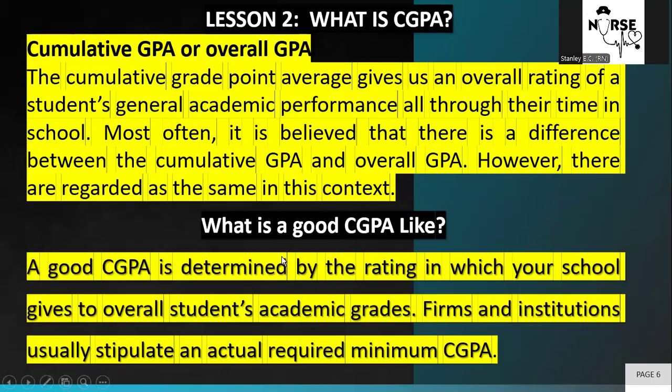But if you get a CGPA of at least 3.0, you will not stress yourself too much in getting a school that can admit you so you can further your studies. Basically, many schools take at least 3.0. So please, once you can hit 3.0, you are good to go. Then you know your practical and what you need to know in the clinical environment.